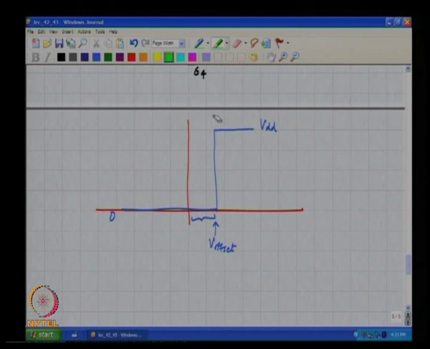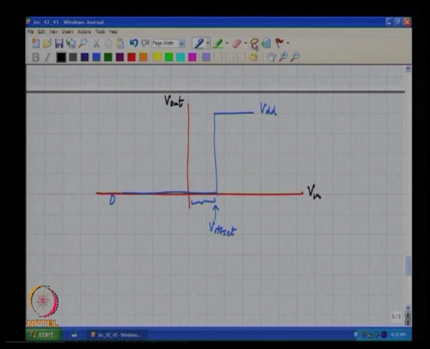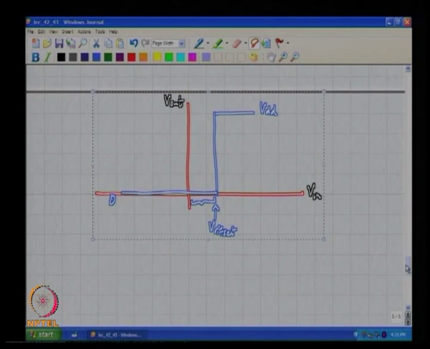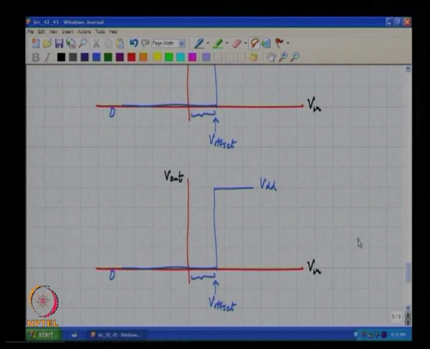In other words, let us see, this is V in and this is V out. This is the characteristic we have. What we want is something where this is much smaller.